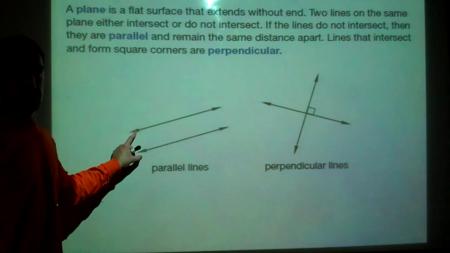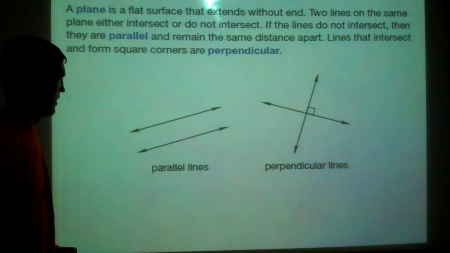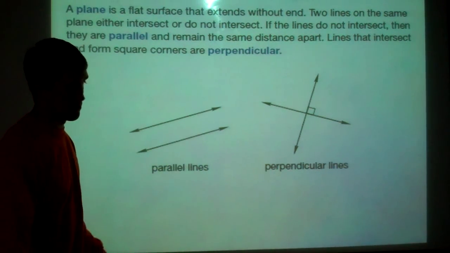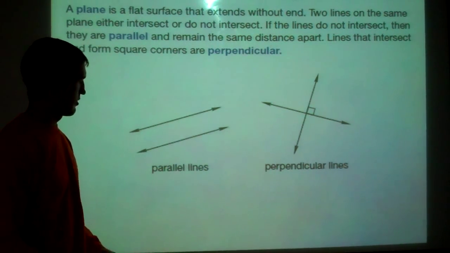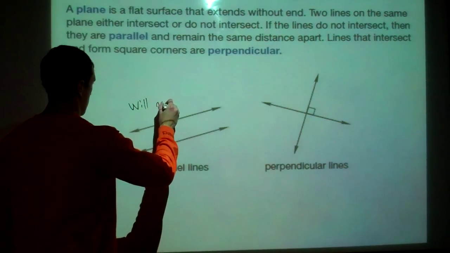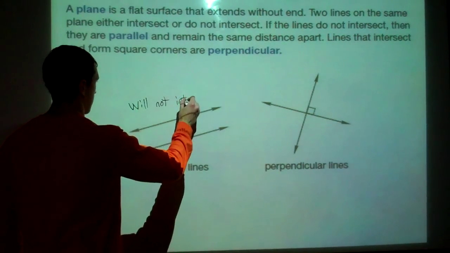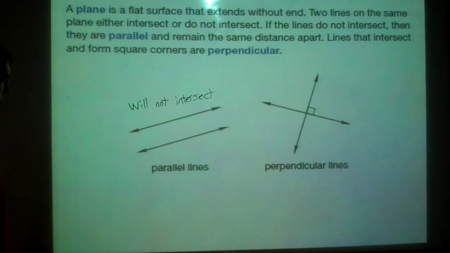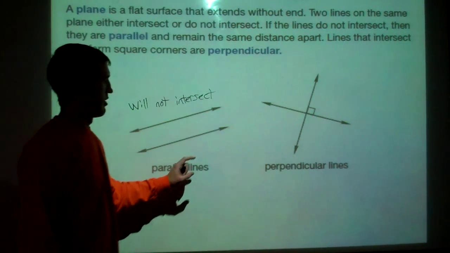We have not talked about slope yet, but we will this year. Parallel lines will never touch. They have the same slope, and they will never intersect. Okay? So, parallel lines will not intersect.